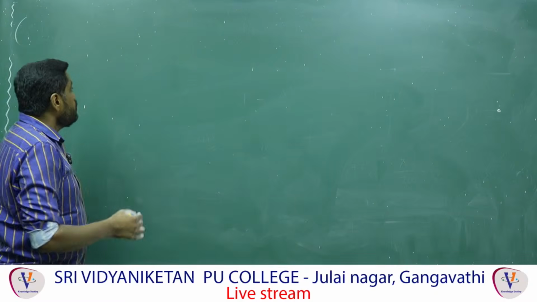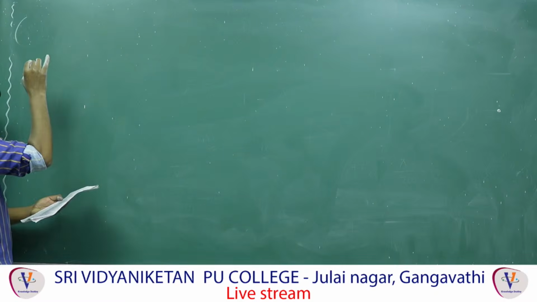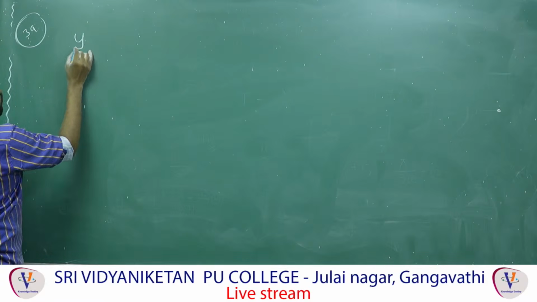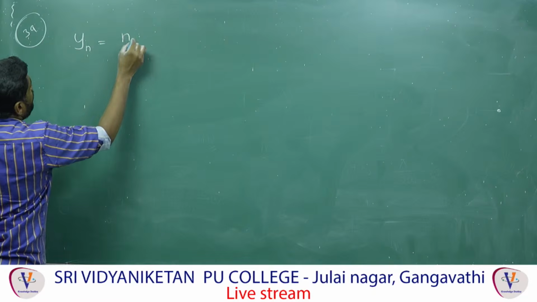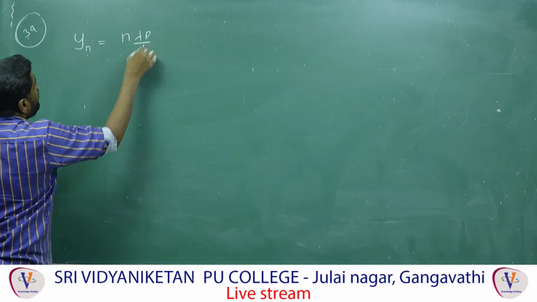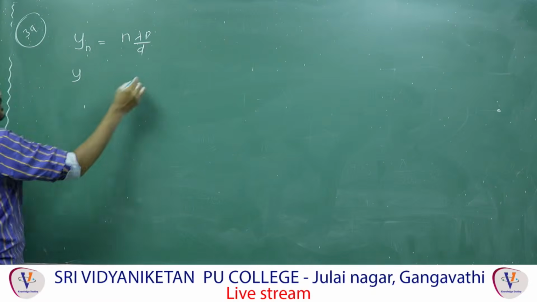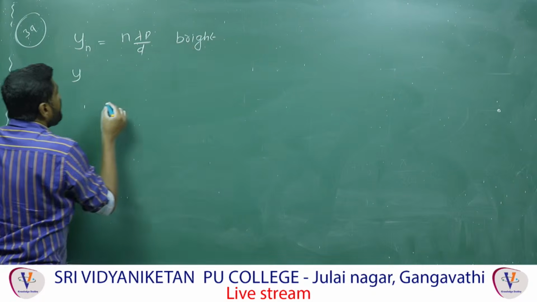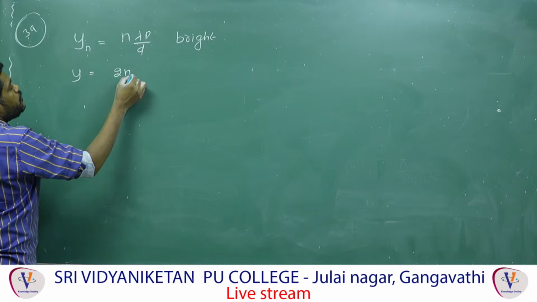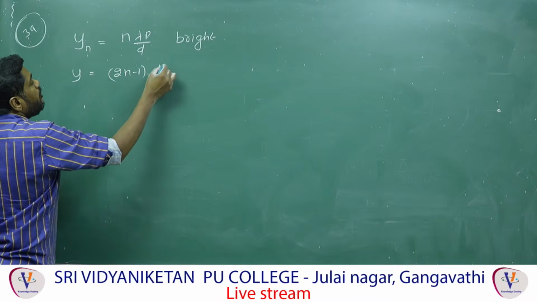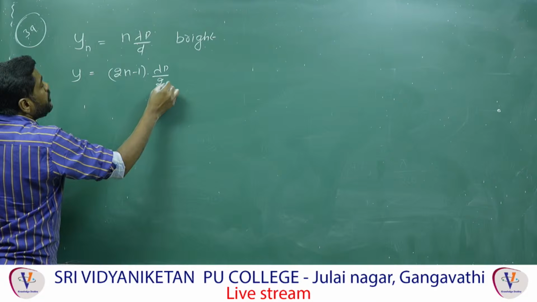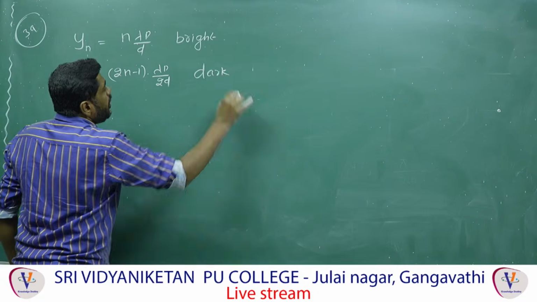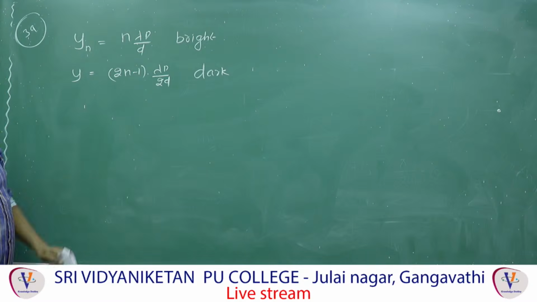For the bright band, Yn is equal to n lambda D by d, and for the dark band that is given by (2n minus 1) lambda D by 2d, right. This is for bright band and dark band formation.